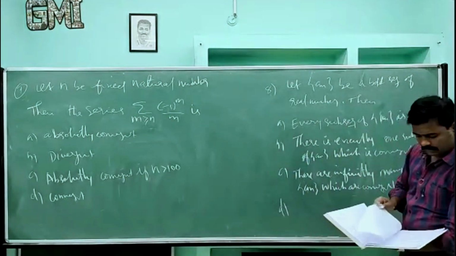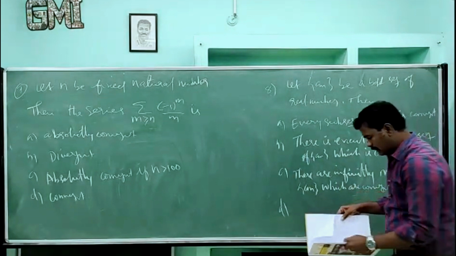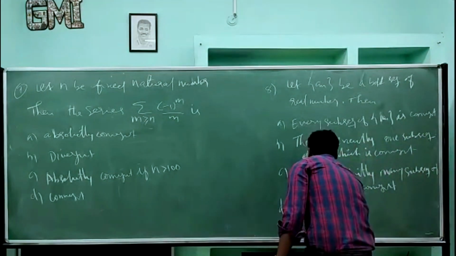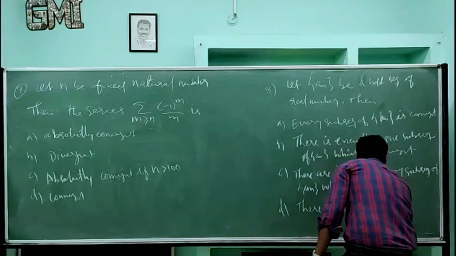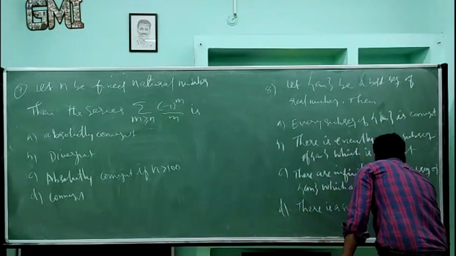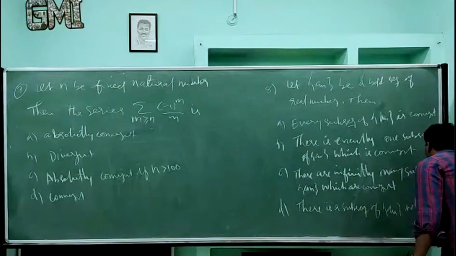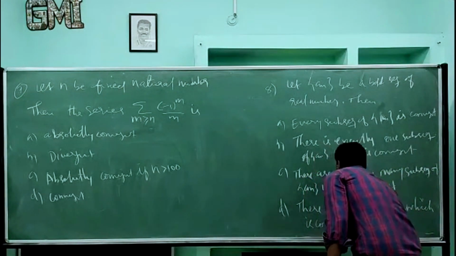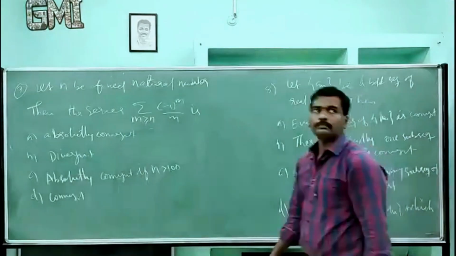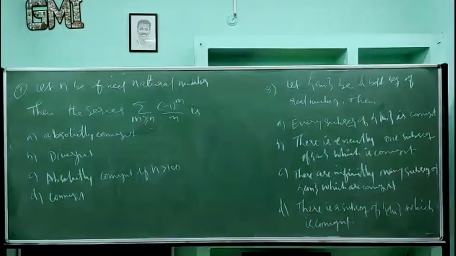Option D: there is a subsequence of a_n which is convergent. It's a very simple problem.